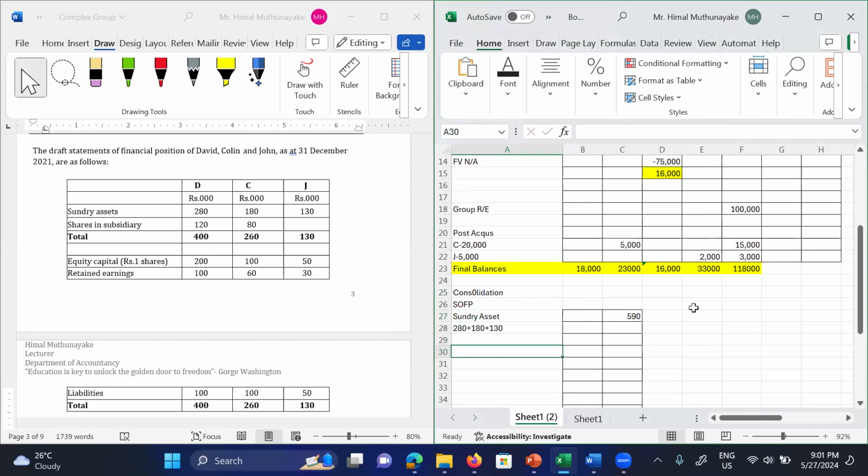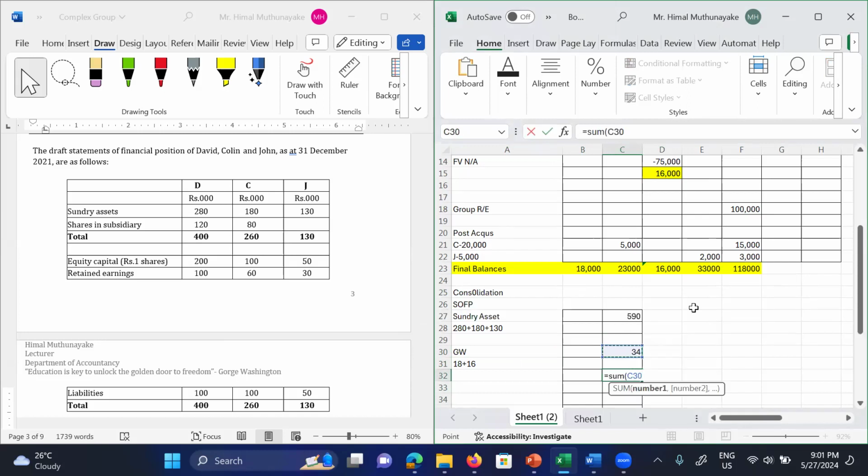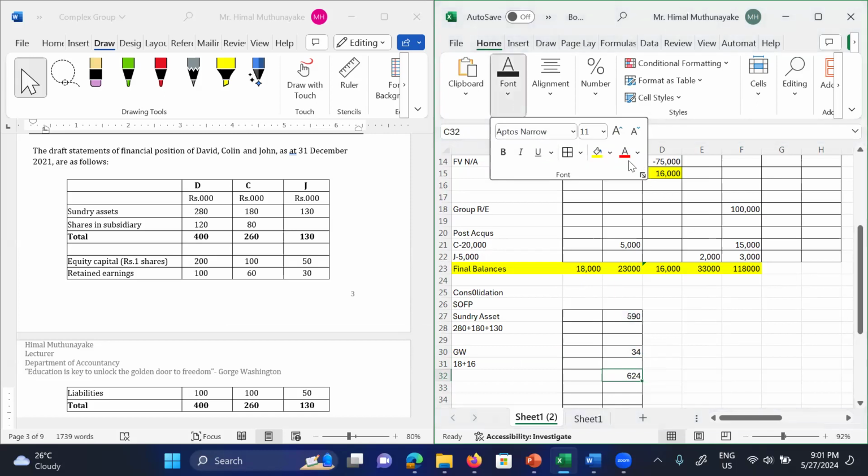Then you need to take the goodwill. Goodwill means 18,000 plus 18,000 plus 60, that is 34. So then you can get the total, 224 is the asset side.